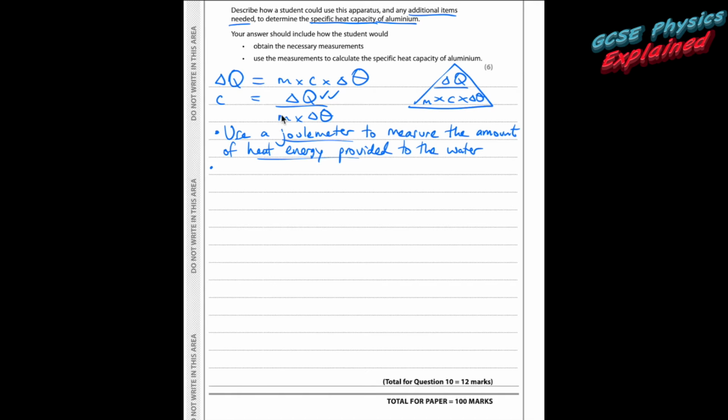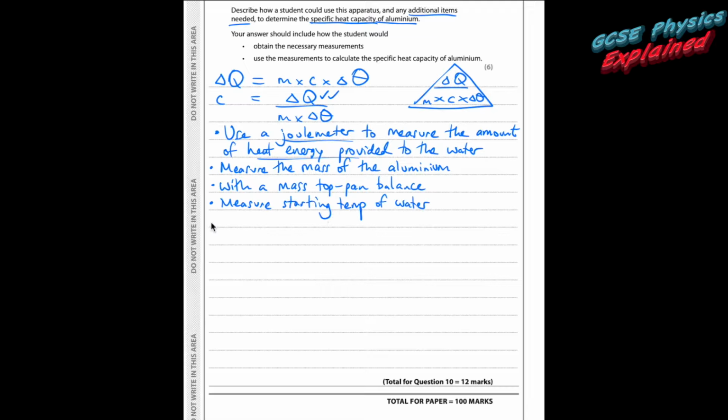So we'd need to know the mass of the aluminium. With what? With a mass-top pan balance. You'd need to measure the starting temperature of the water and the final temperature of the water, using a thermometer.